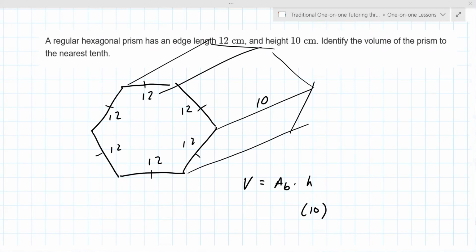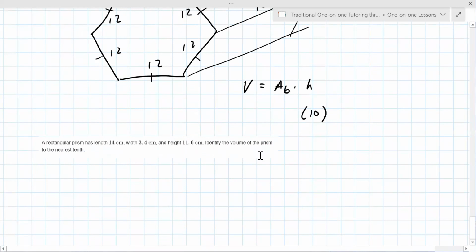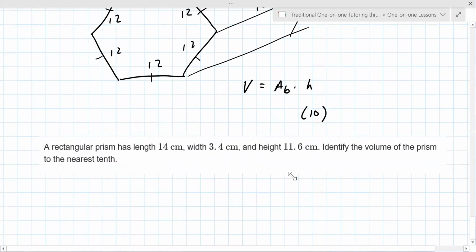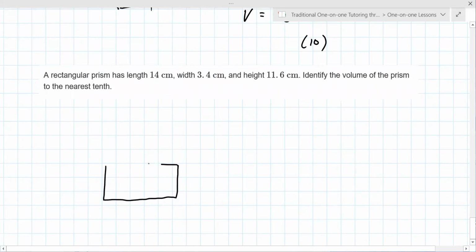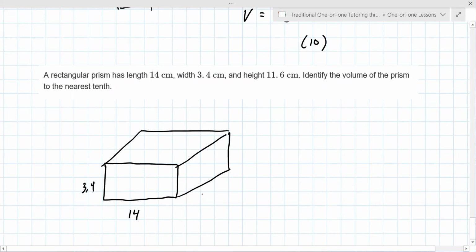We actually can just draw this and work it out by hand. It's a more standard prism. It's the block problem. Almost everyone plays with blocks growing up, and this one's got a rectangular face. That's 14, 3.4, and then it's extended 11.6.